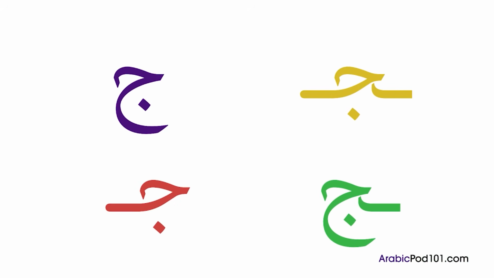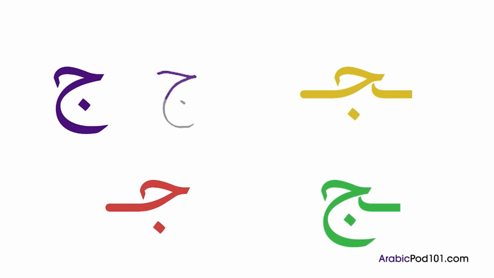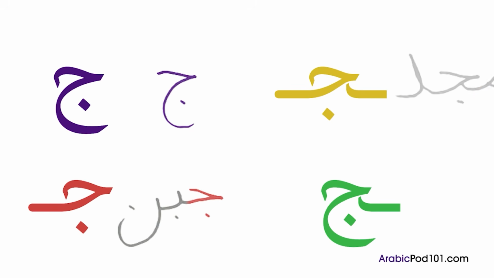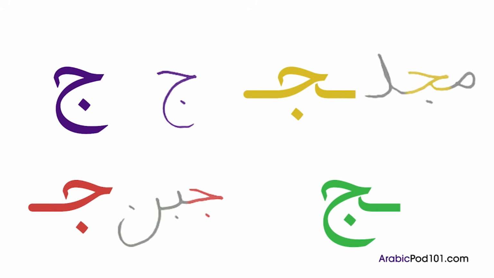In the third lesson, we learned 3 more letters that look alike: jim, ha, and kha. Here's jim, isolated, initial, medial, final.